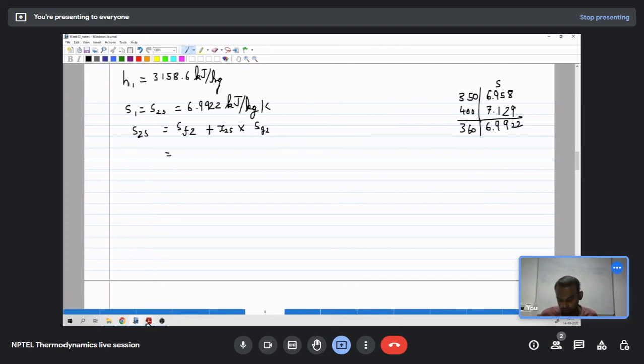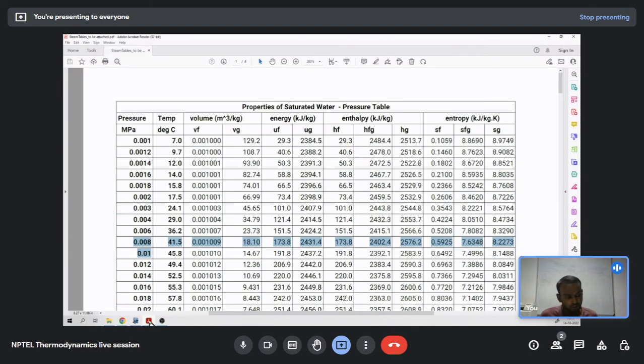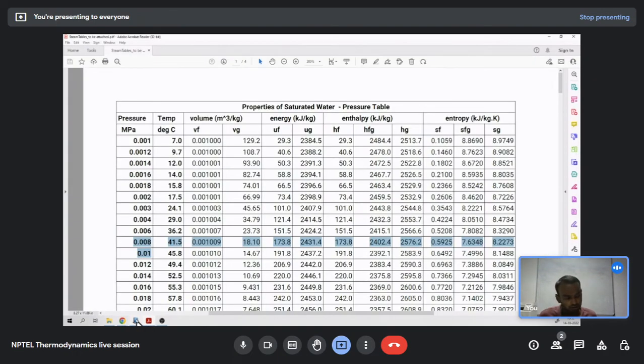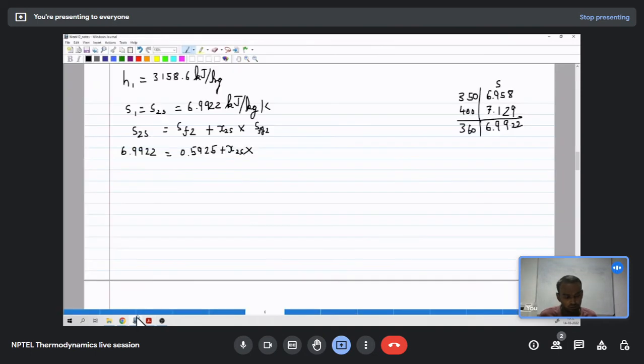So this is 0.5925 plus dryness fraction, and on the left hand side we had 6.9922. For Sfg2, that is the difference in the entropy between the liquid and the vapor state, that is 7.6348. So the dryness fraction can be calculated here.